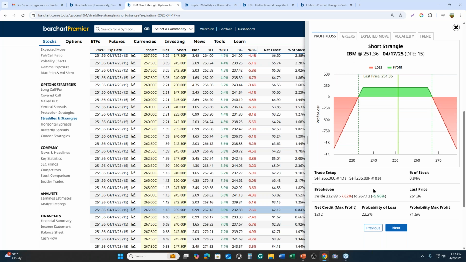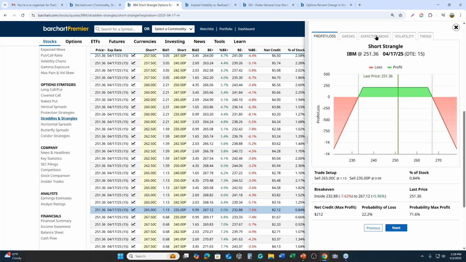And so again, the setup, the break even, and what it says here is that as long as I'm inside of 235.88 or inside of 267.12, there's a high probability that I'm going to make a profit on this particular trade.